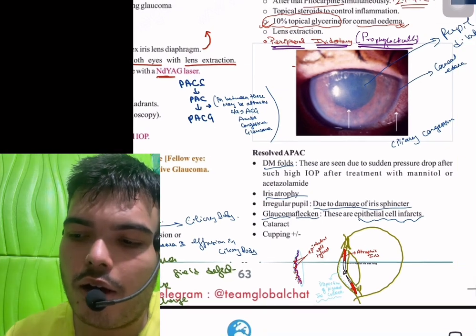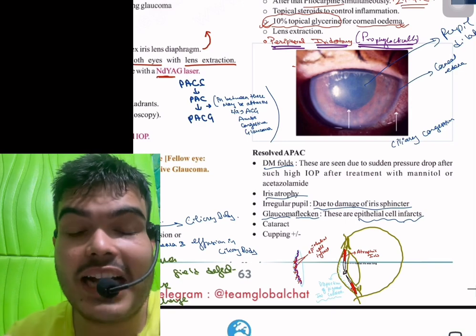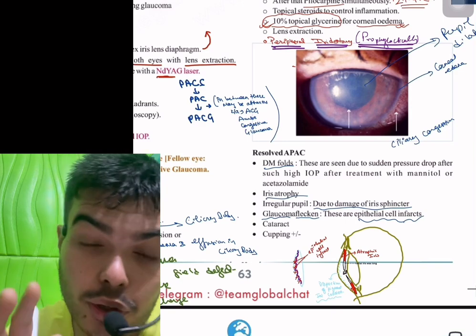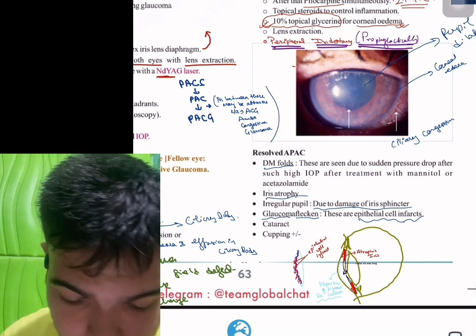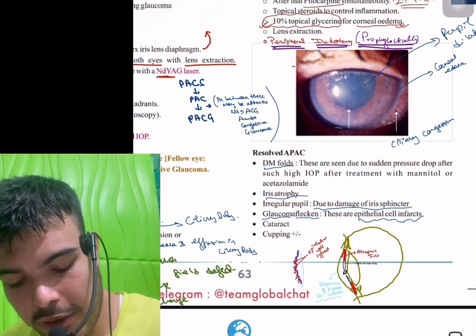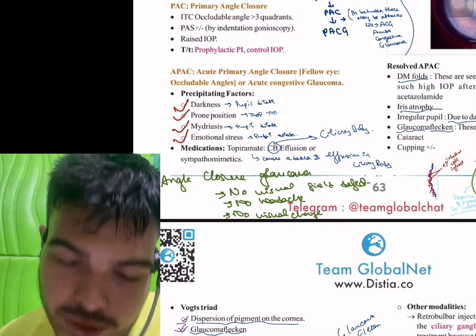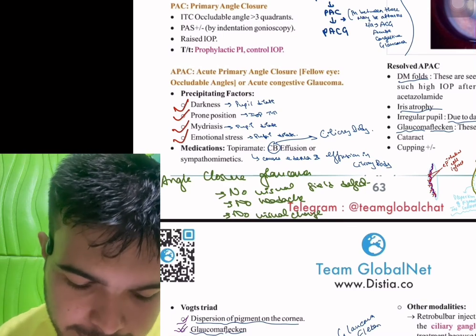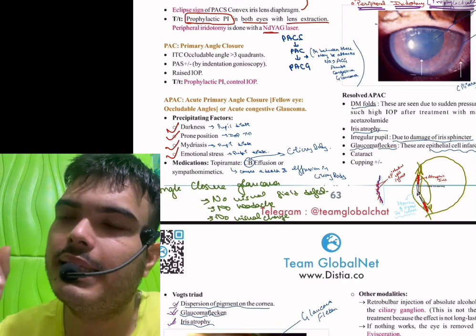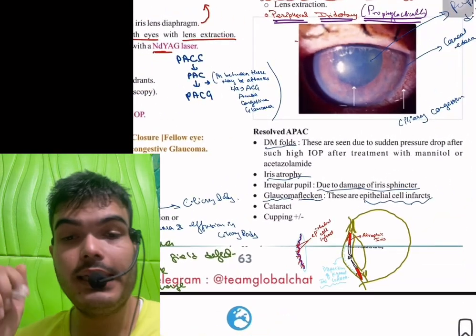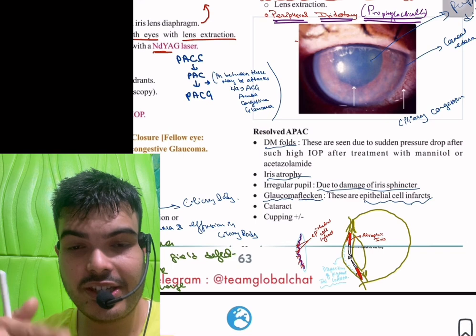You'll have Vogt triad. So Vogt triad is actually the break in the Descemet's membrane of the cornea. Vogt triad means there'll be glaucoma flecken, dispersion of the pigment of the cornea, and iris atrophy. Okay, iris atrophy, dispersion of the pigment, and glaucoma flecken. Glaucoma flecken is actually the cells, the epithelial cells basically, present in the anterior cortex.